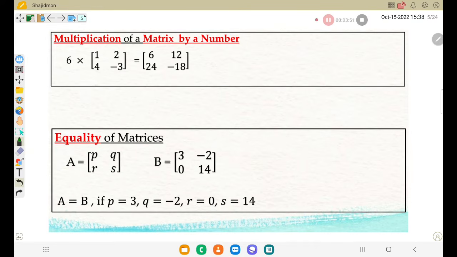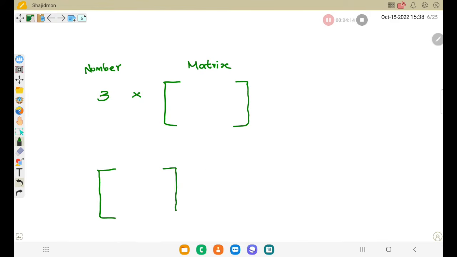Now we come to multiplication. We have two cases: multiplying a matrix by a number, and multiplying one matrix by another matrix.